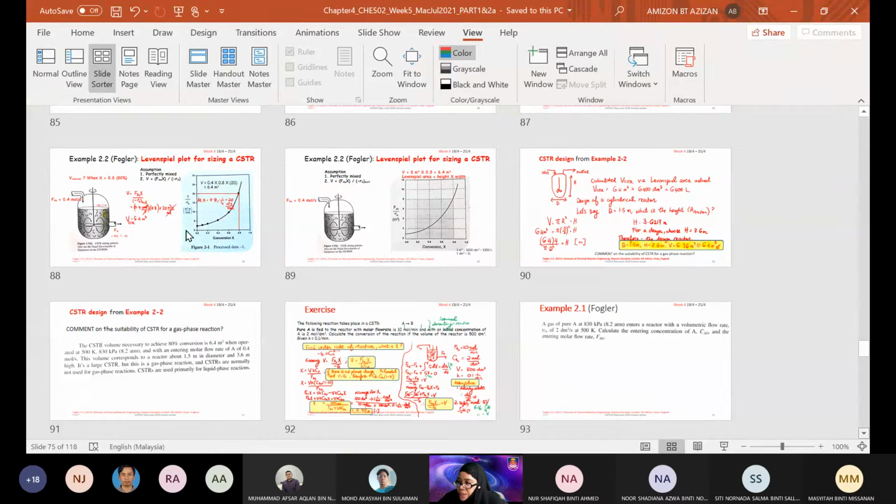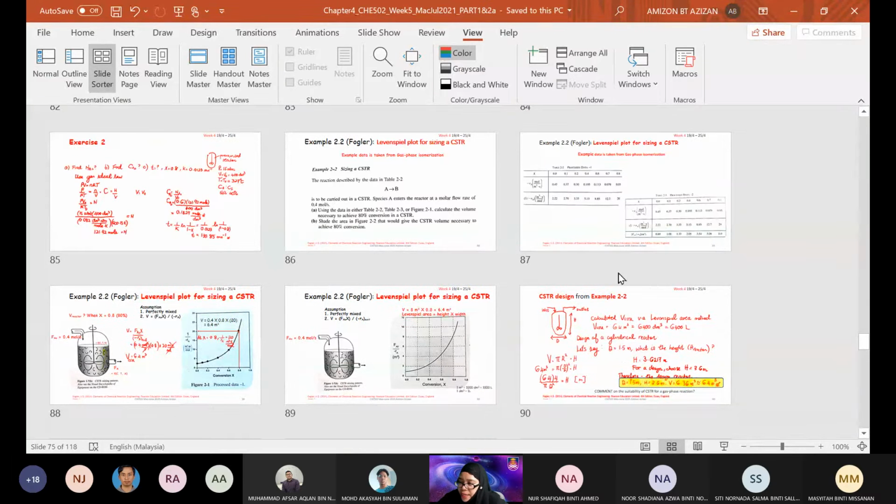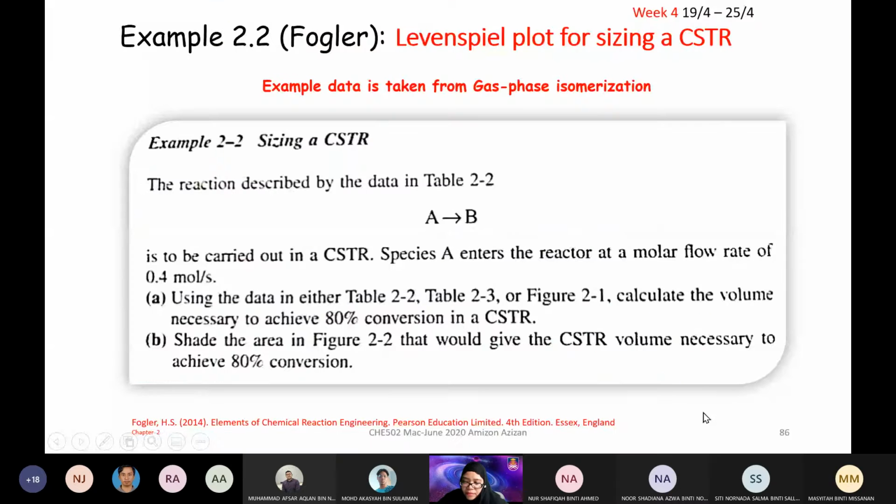Okay, let us try example 11 for sizing CSTR. If you have your textbook with you, we are going to try this by using the Levenspiel plot for the design of a CSTR.